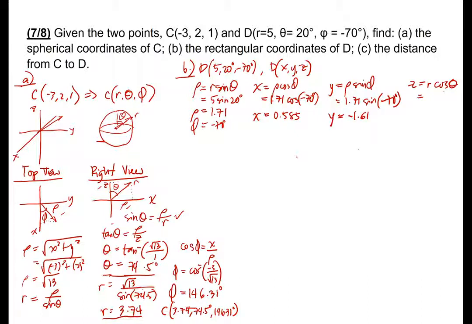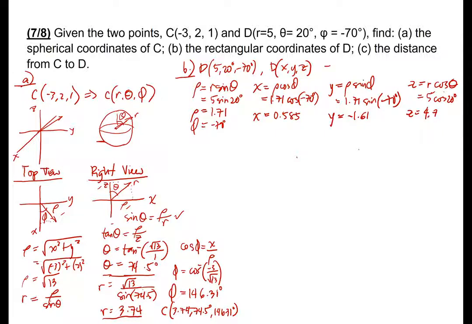So this is 5 cosine 20 degrees. Z therefore is equal to 4.698, so I just write 4.7.